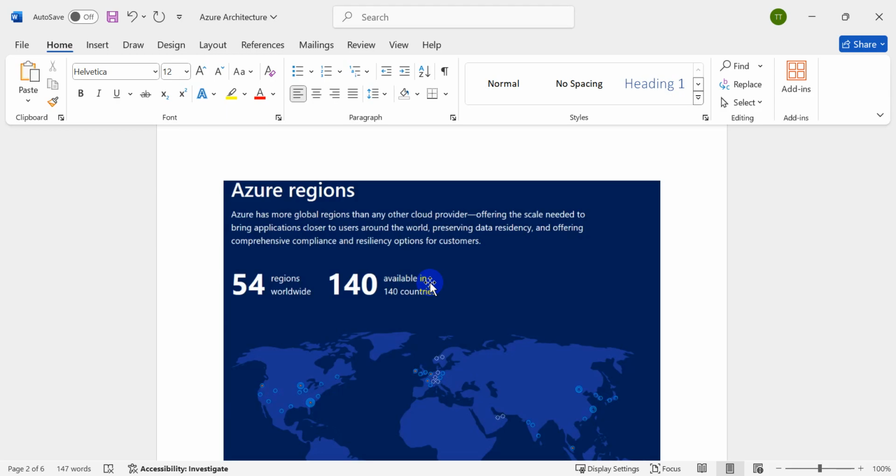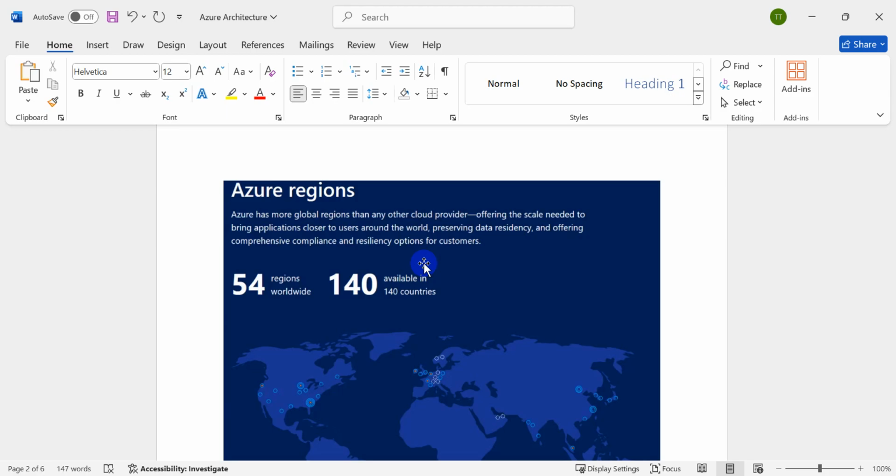They have regions everywhere, including the United States: East US, West US, Central US, North Central US, South Central US. When we log into the Azure portal, we will see all the data centers.